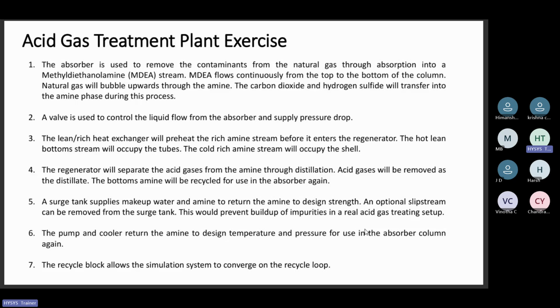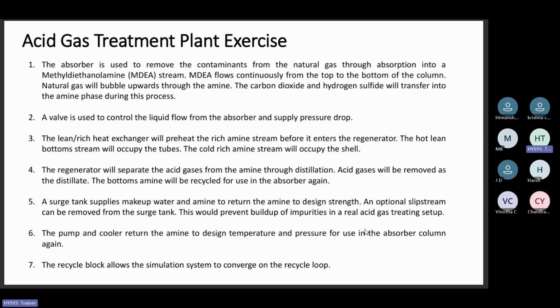At that point, we have seen that the hot liquid should always occupy the tubes, and the relatively less hot or cold liquid should occupy the shell. So we will be following that rule over here. The regenerator will separate the acid gases from the amine through distillation. Acid gases will be removed as the distillate, and the bottoms amine will be recycled for use in an absorber again.